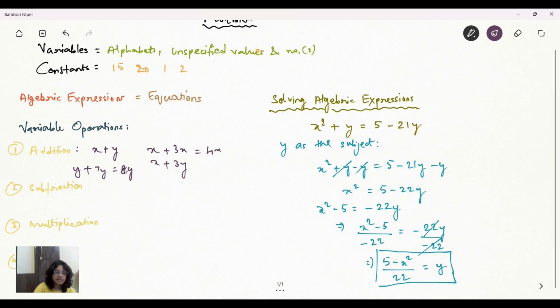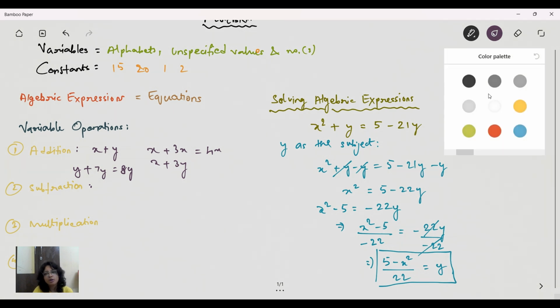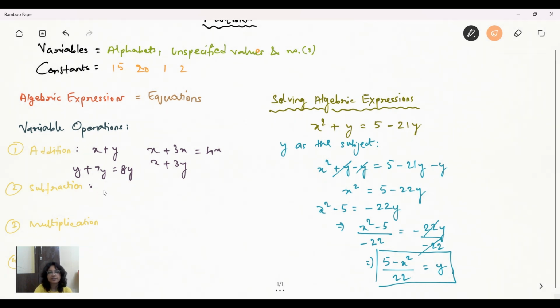Okay. Similar rules follow for subtraction as well. If you have like variables, then you can carry out the subtraction operation. Suppose you have, let's say, x minus 3x. Basically, we have x common in both the terms of this expression. So we can take x common from both the terms.